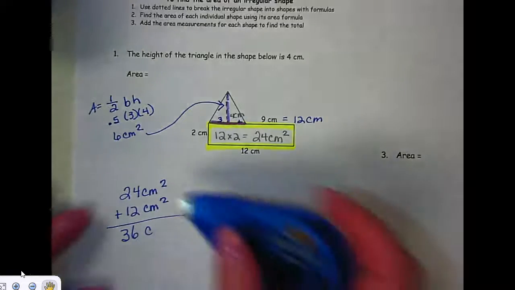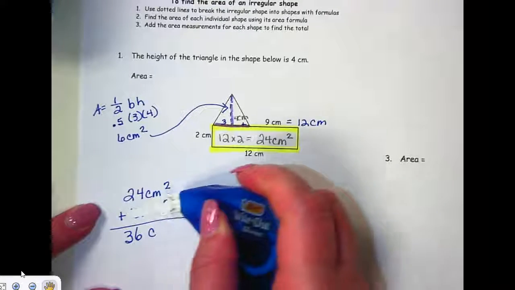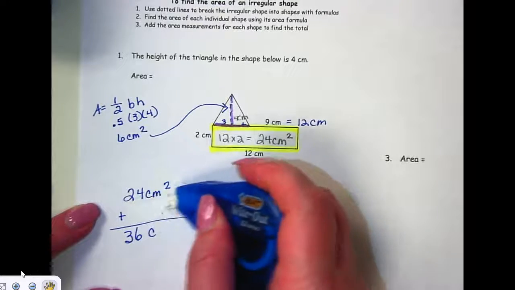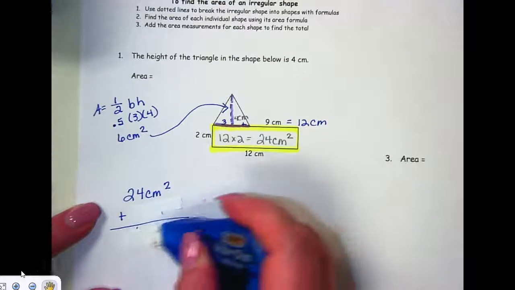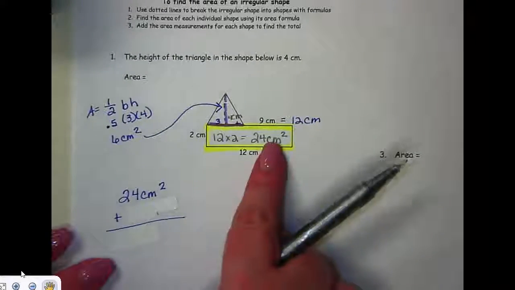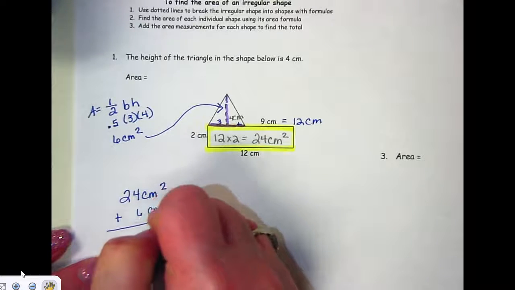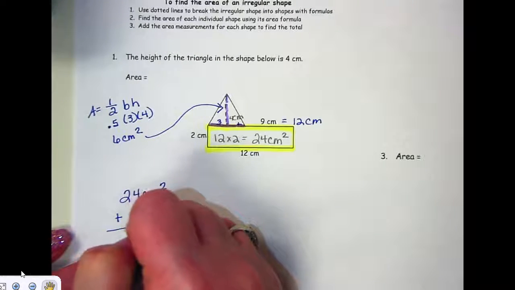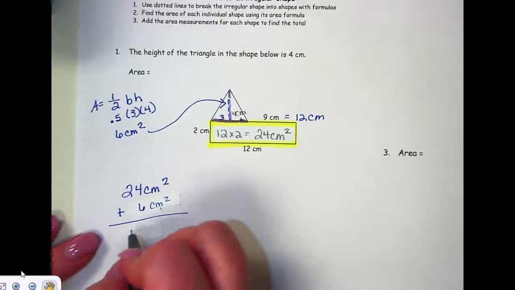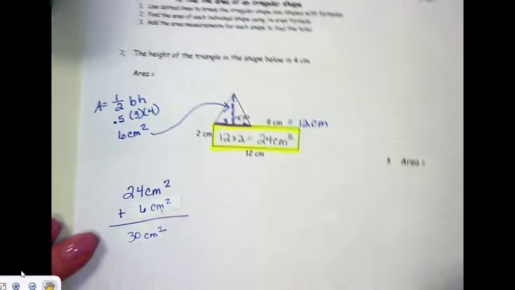So let's fix that. So this is 24, but this one is 6 centimeters squared. So what's our answer? 30 centimeters squared. 30 centimeters squared.